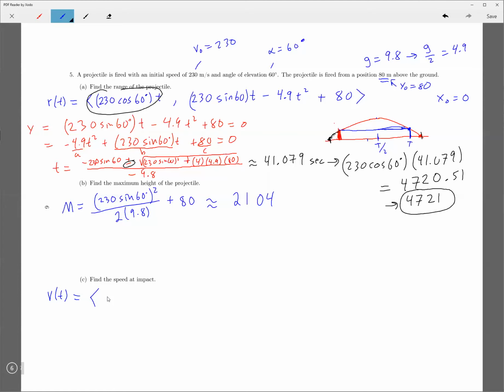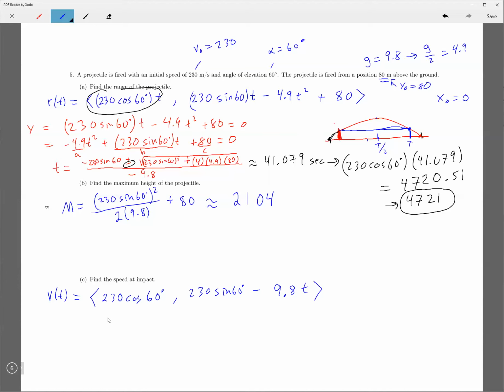Can you just drop the t's on the first two? Just take the derivative of it. Yes. So you drop the t's. And then this one is 9.8 t, and the derivative of 80 is 0.